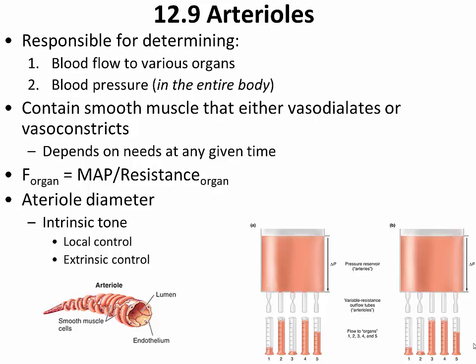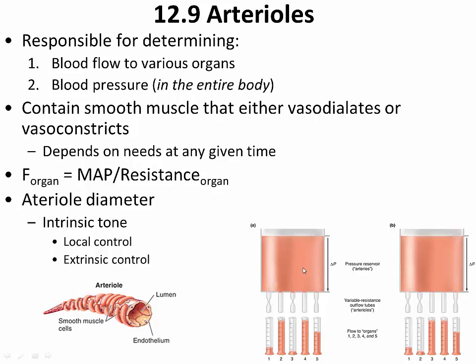And then collectively, if you examine all the arterioles in the body, the vasodilation or vasoconstriction in these arterioles determines the overall blood pressure in the body. Now, we can illustrate how this works by looking at the little illustration below on the bottom right-hand side of our screen.